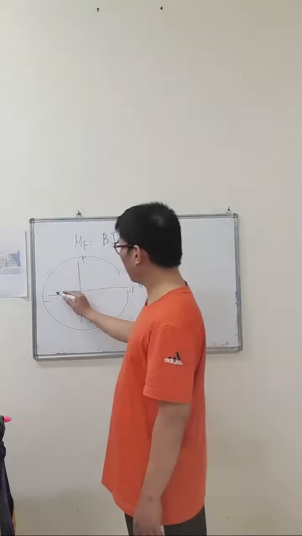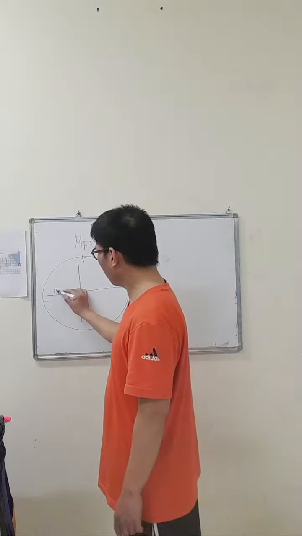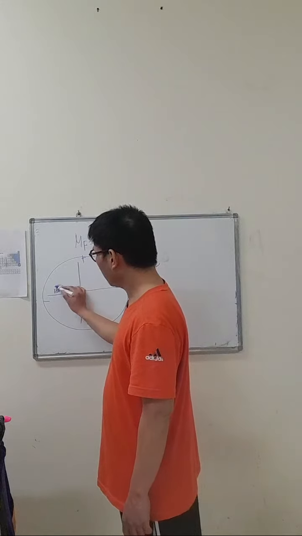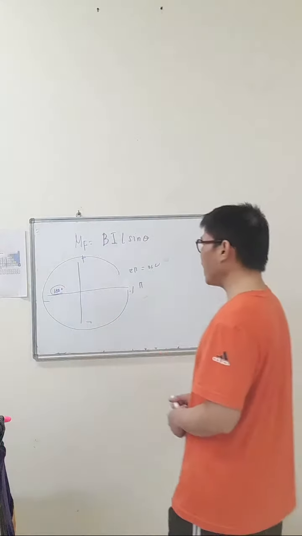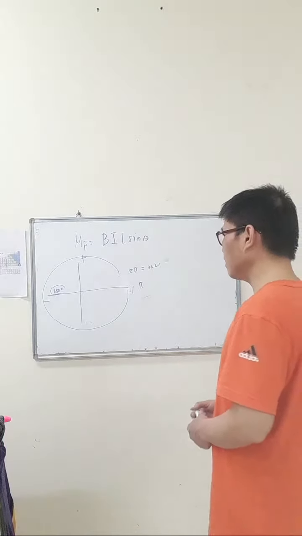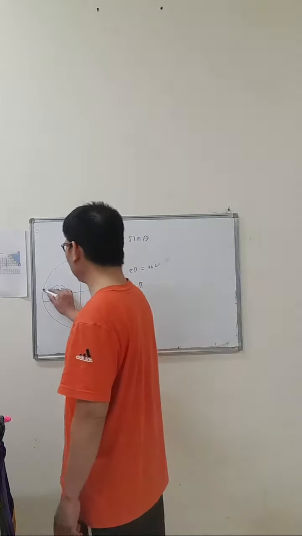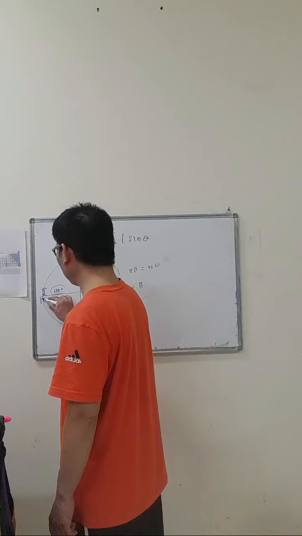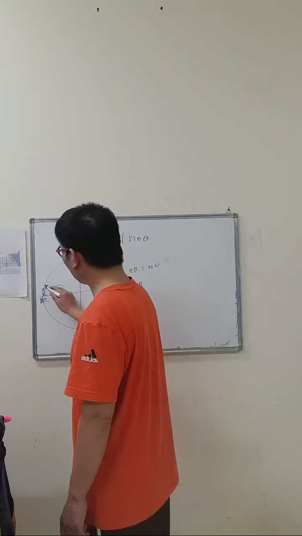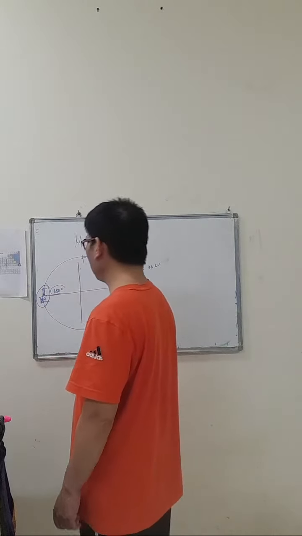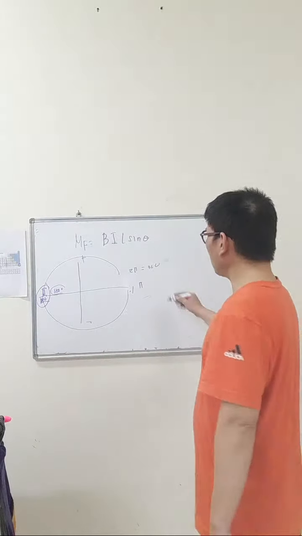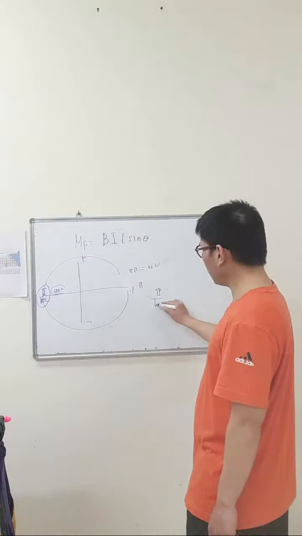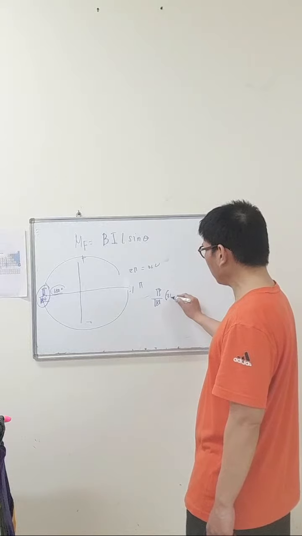Therefore, this half is 180 degrees. So meaning to say, this is just pi over 180, right? Here, pi over 180, and your factor will now be pi over 180.